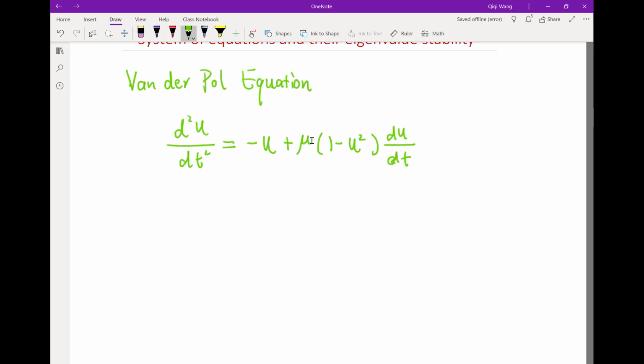As you can see, when mu is very small, the equation should behave pretty much like a harmonic oscillator. Here we are looking specifically at the case where mu is large. So let's set mu equal to 1,000. It's not huge, but pretty large. So that's the equation.